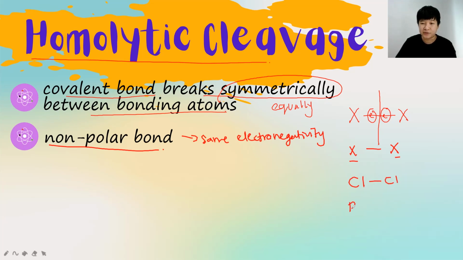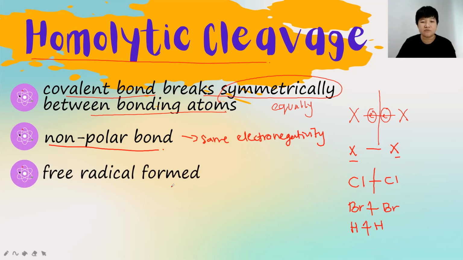You can have Br, Br. You can have hydrogen with hydrogen. So a non-polar bond is normally when the bonding atoms are the same, so that they have the same electronegativity and the bond will break symmetrically. That is the first requirement in homolytic cleavage: a non-polar bond.